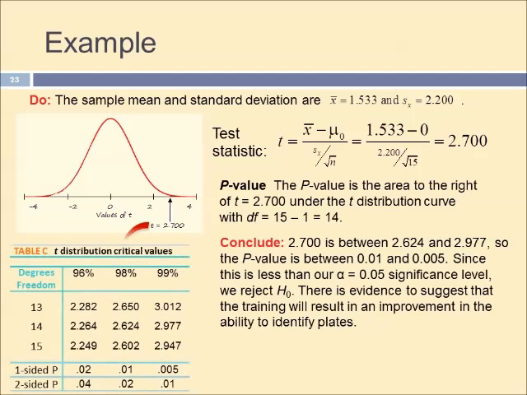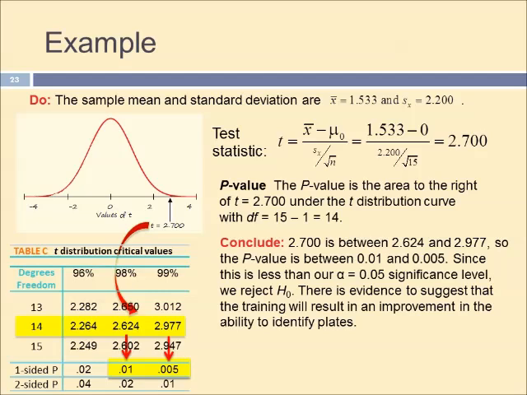So in this case, again, we look at Table C, the row with 14 degrees of freedom, and the calculated test statistic 2.7 falls between 2.624 and 2.977 on the row with 14 degrees of freedom.